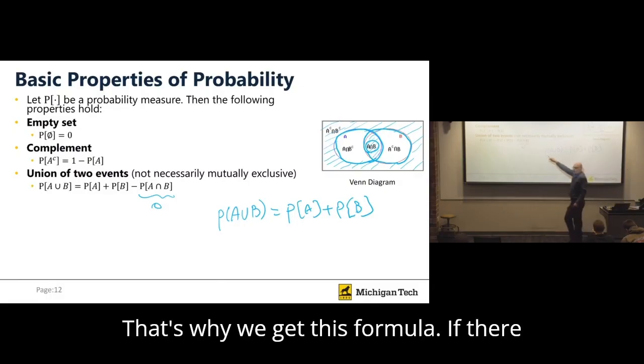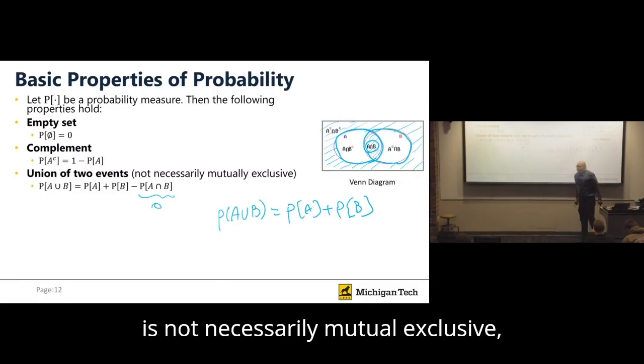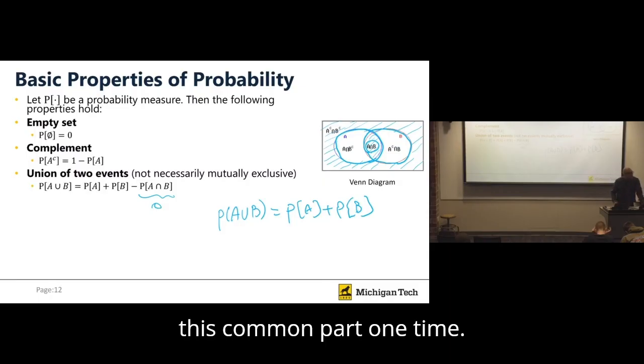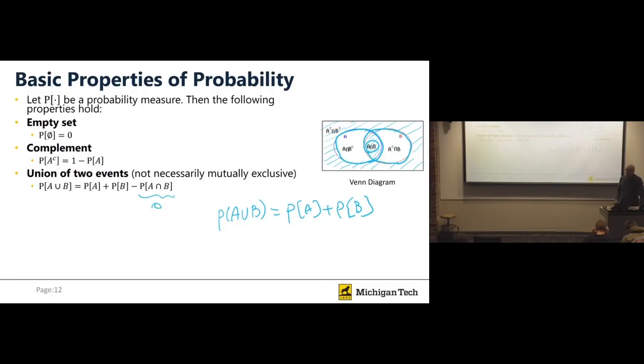That's why we get this formula. If they are not necessarily mutually exclusive, we need to eliminate this common part one time. Do you get that?